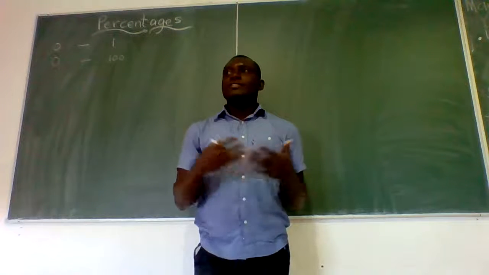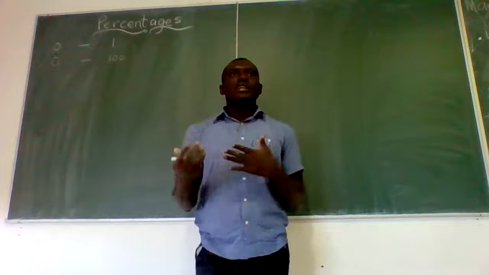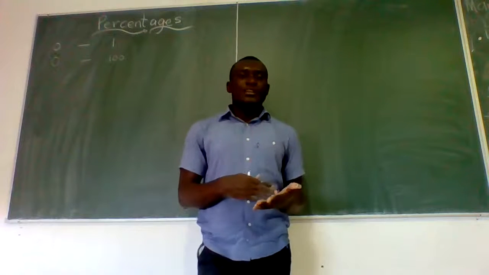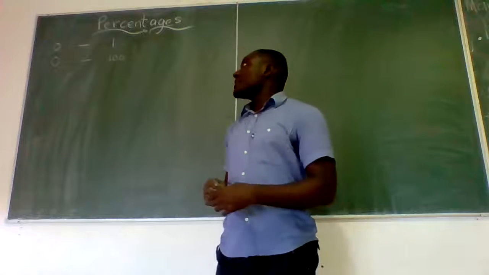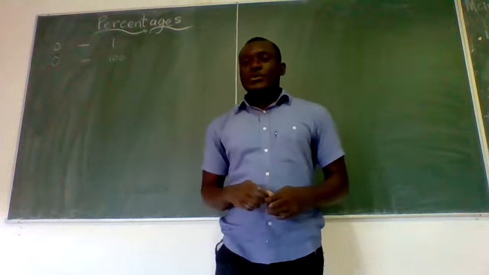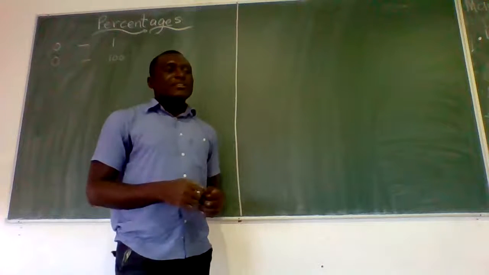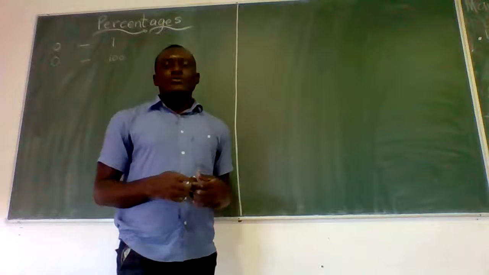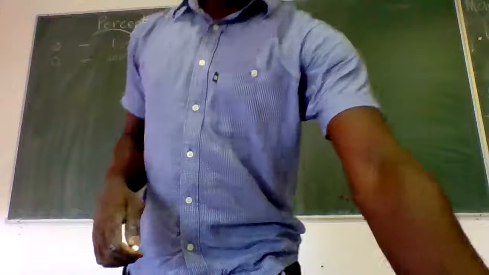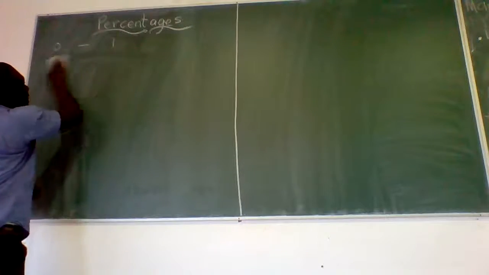So you have something and you want to measure that, okay, if I bring this whole thing that I have on a scale of 100, what am I going to get? That is basically what you call percentages. Usually there's going to be a certain fraction. That is why you need to know the concept of fractions before percentages. So when you are calculating percentages, it's definitely going to be a certain fraction multiplied by 100.